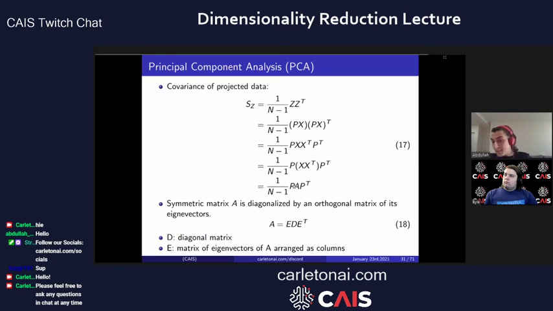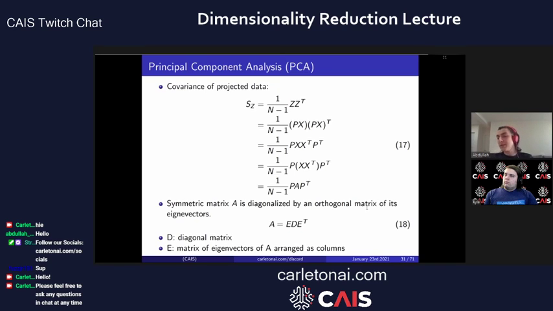So we would like this matrix P, when we multiply it with A, to turn A into a diagonalized matrix, right? Now, A is a symmetric matrix, because when you multiply any matrix with its transpose, you're going to end up with a symmetric matrix. So a symmetric matrix A is diagonalized by orthogonal matrices.